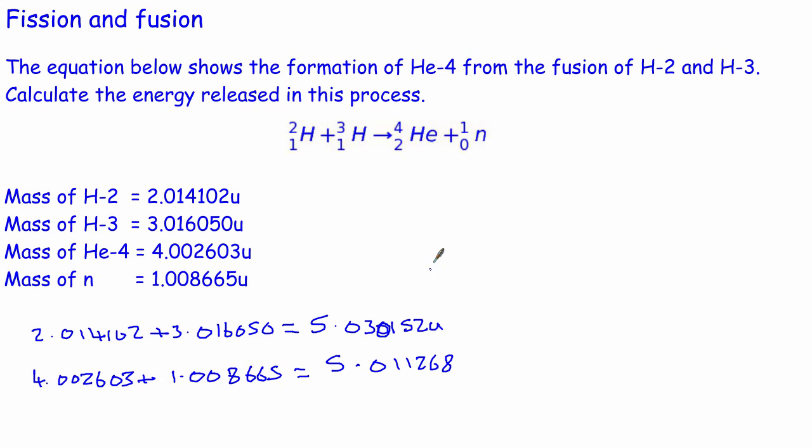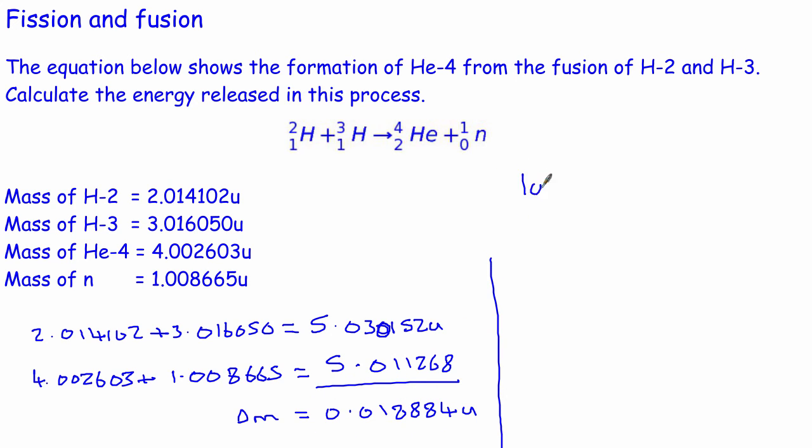So if I take these two things and we work out the difference between them simply by taking them away, we end up with a mass defect of 0.018884 atomic mass units. So there's a difference in mass, and because there's a difference in mass, therefore there's a difference in energy. So I'm just going to use the conversion factor to convert atomic mass units into MeV, so we know that 1 u is equivalent to 931.5 MeV.